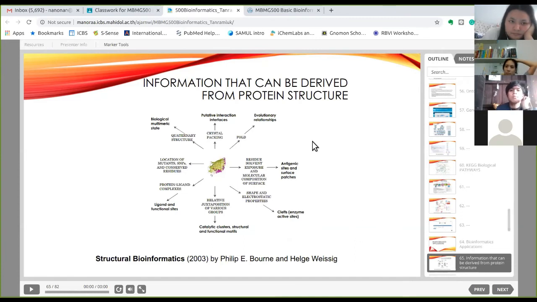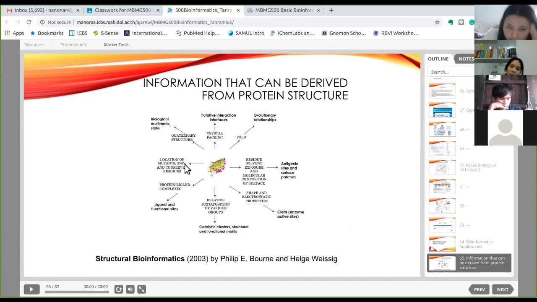So, information that can be derived from protein structure. If you have a protein structure, you can know the fold, and the fold, such as a three-layer sandwich, relates to evolutionary relationships, how it relates to other species. You can know crystal packing, which affects the interaction interface.